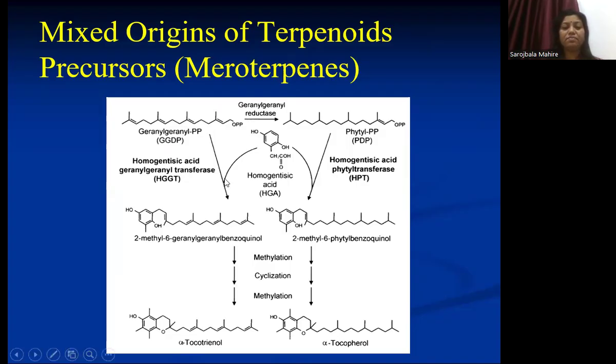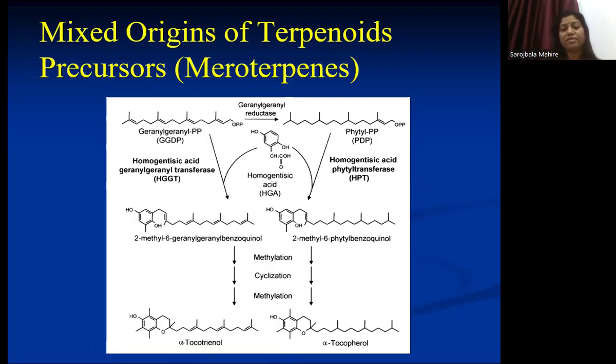And another, from the geranylgeranyl pyrophosphate, by the effect of homogentisic acid geranylgeranyl transferase enzyme, gives 2-methyl-6-geranylgeranyl benzoquinol.